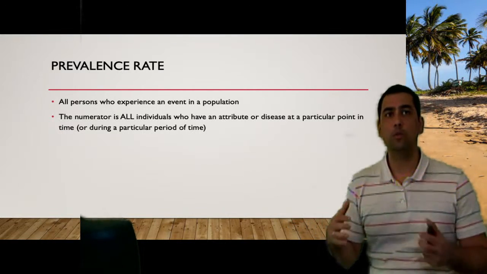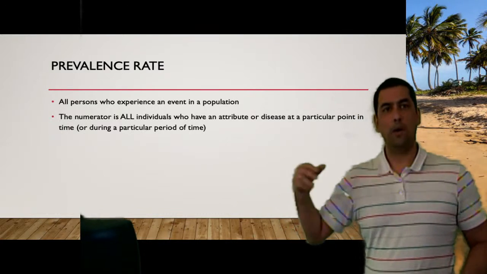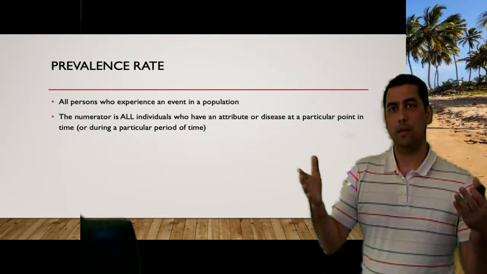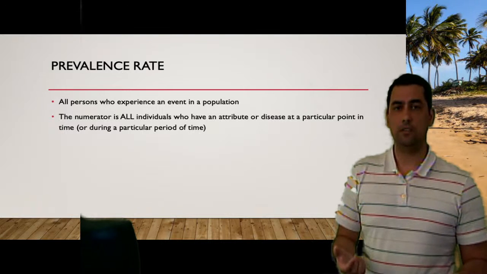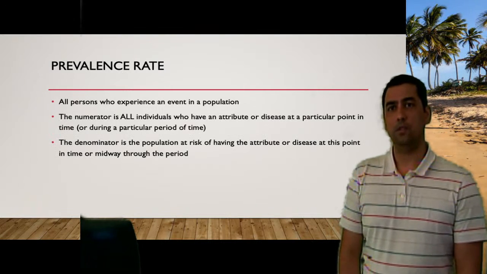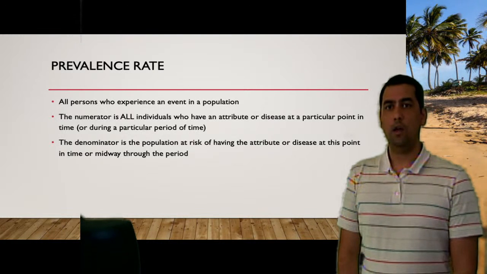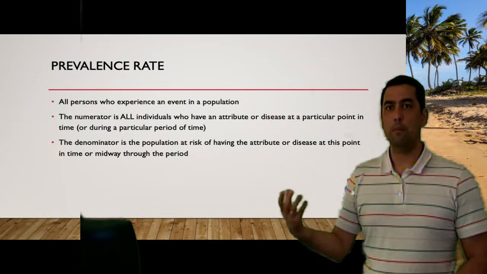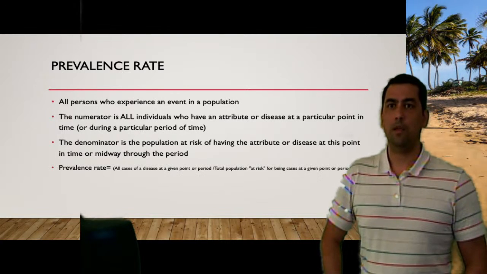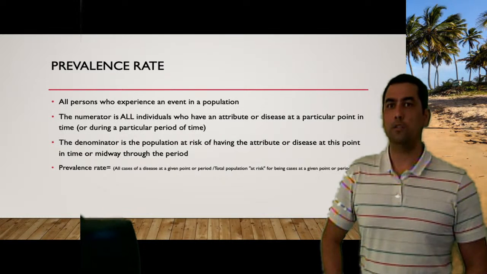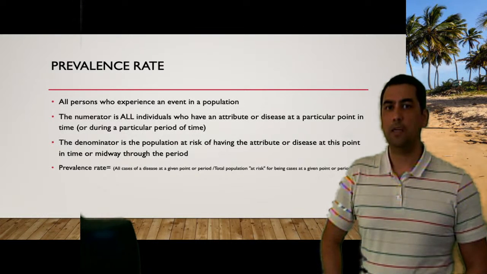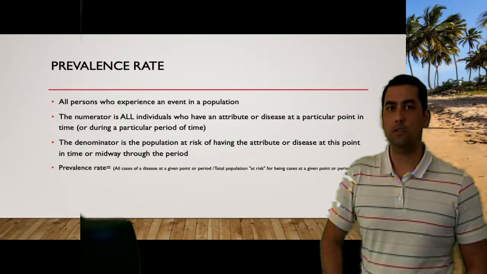It is all who already have it and who develop the disease. The denominator is the population at risk of having the attribute or disease at this point in time or midway through the period. Prevalence rate equals all cases of disease at a given point or period over the total population at risk at a given point or period.